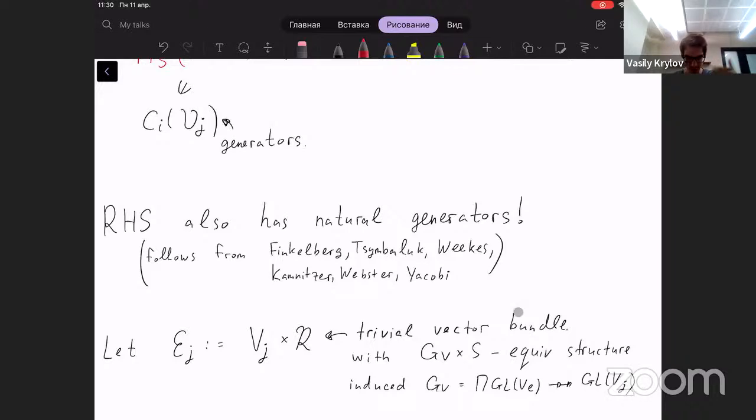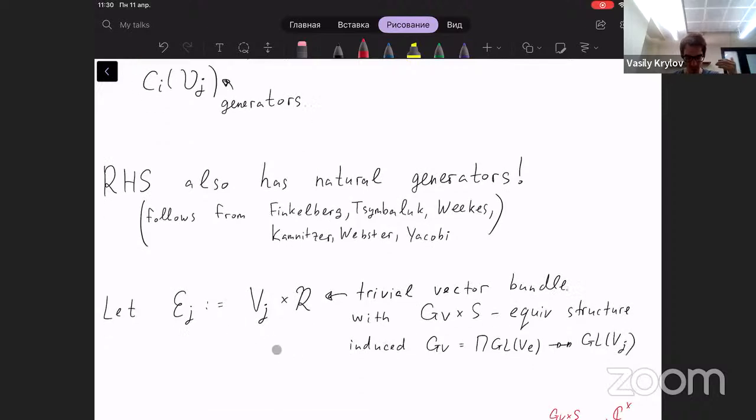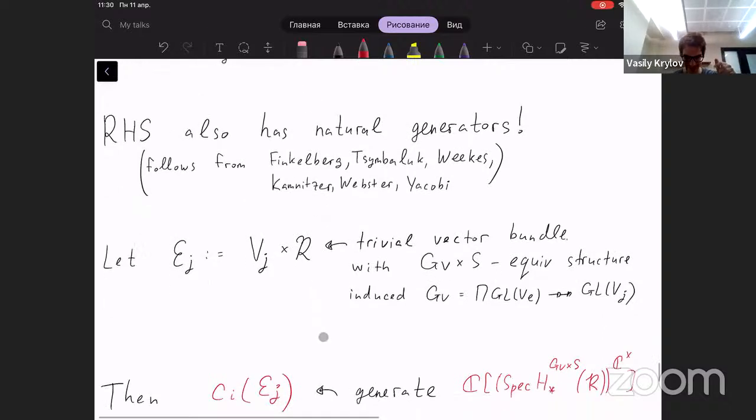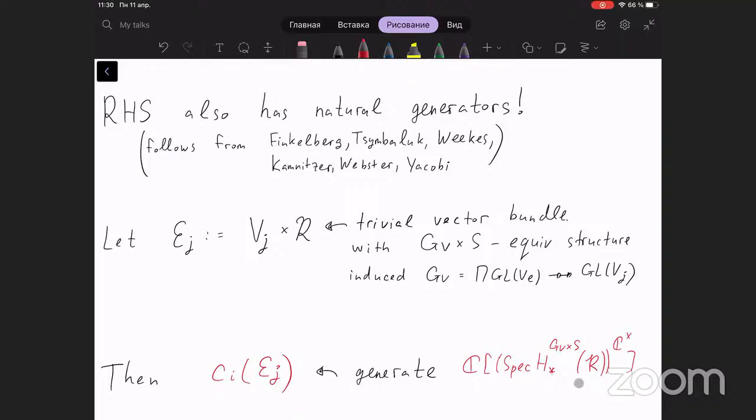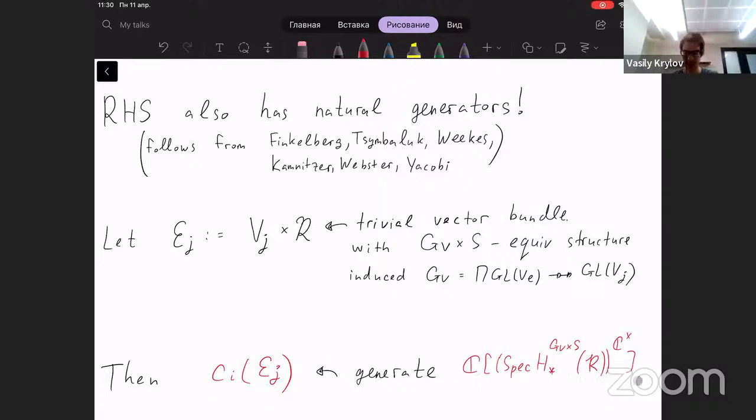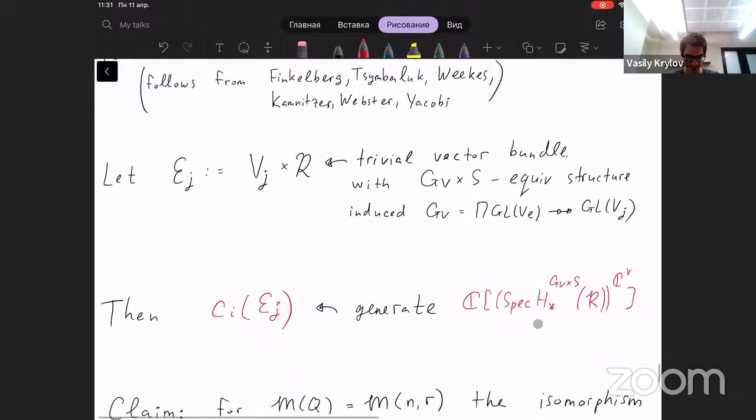You can consider these bundles as tautological vector bundles on R mod your group, with respect to the equivariant homology. And then the claim is that Chern characters of these E_j do generate the algebra of schematic fixed points. This is known in general, and this follows from the results of the people that I mentioned.